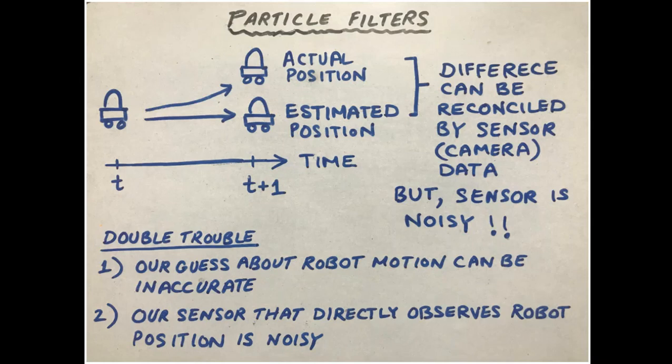So our guess is the robot is going to move in a straight line. That's one possibility.